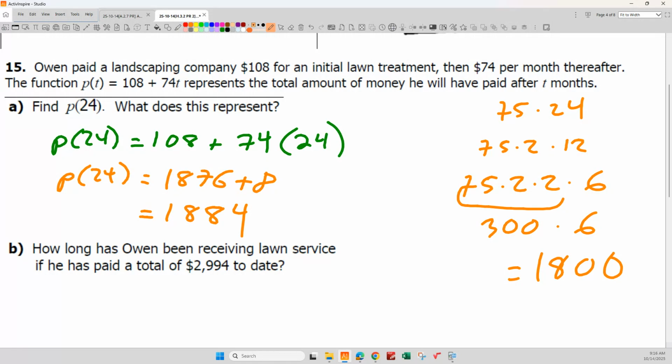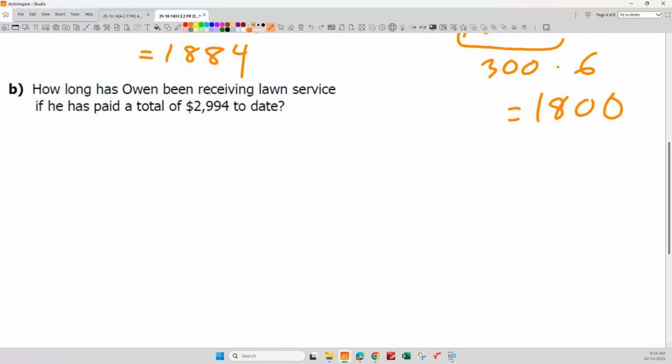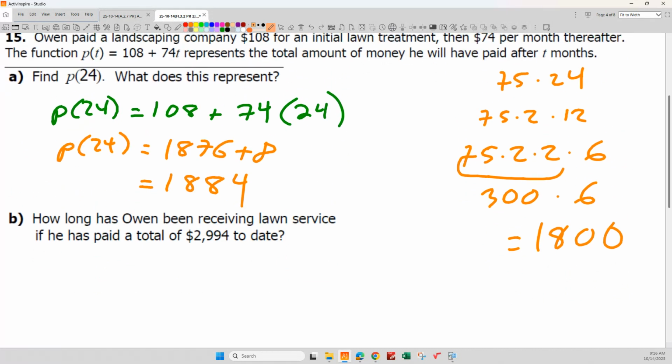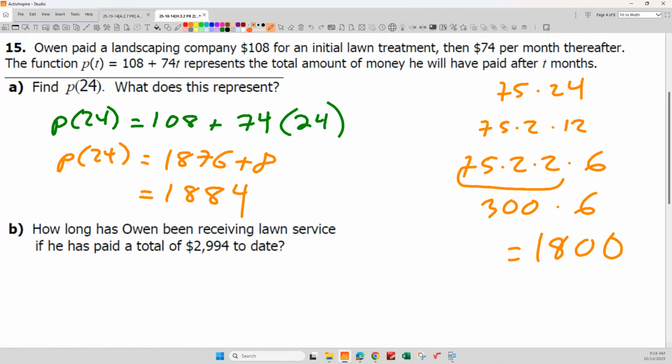All right, how about part B? How long has Owen been receiving lawn service if he has paid a total of $2,994? What are you going to do there? Is $2,994 an input number or an output number? Output number.